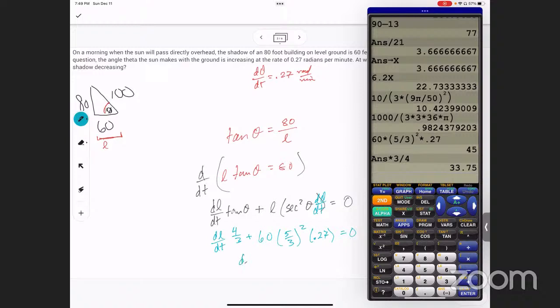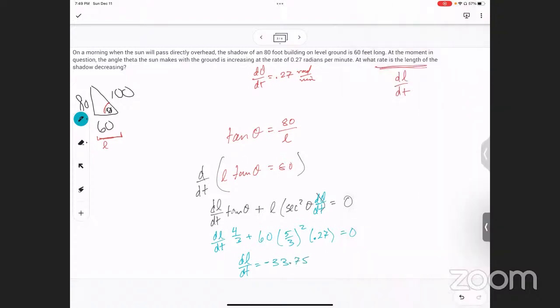Is that the right answer? Yes. Negative 33.75.